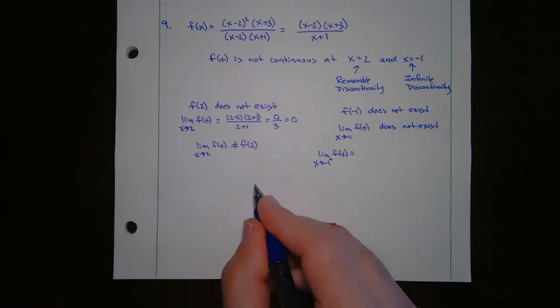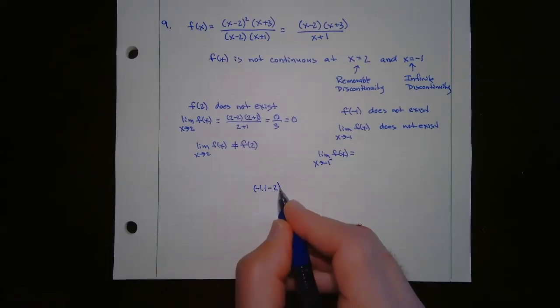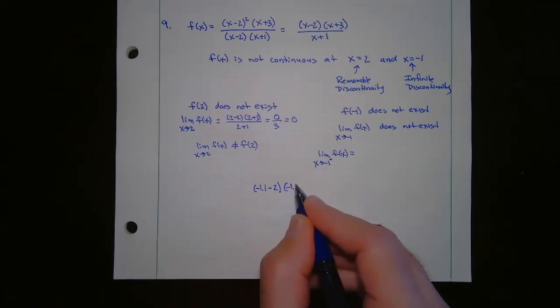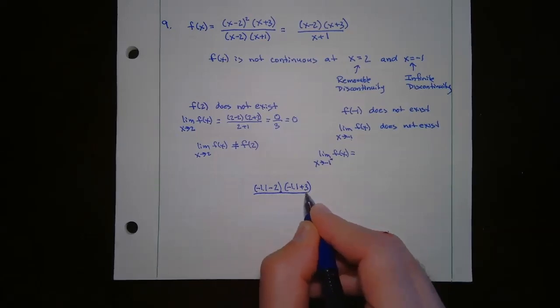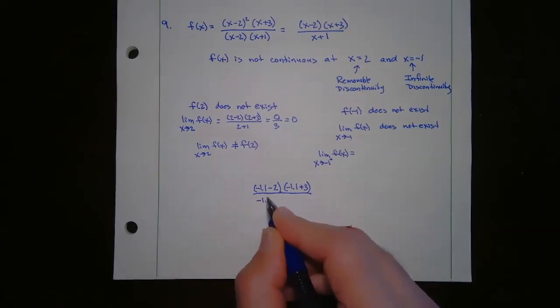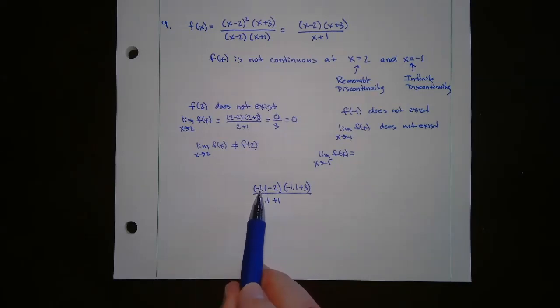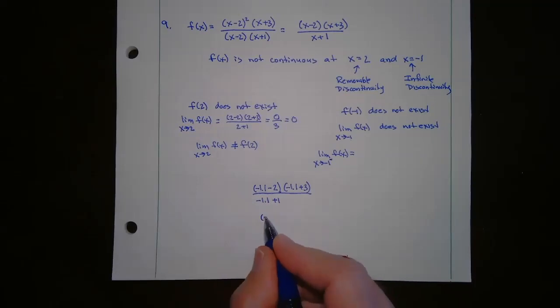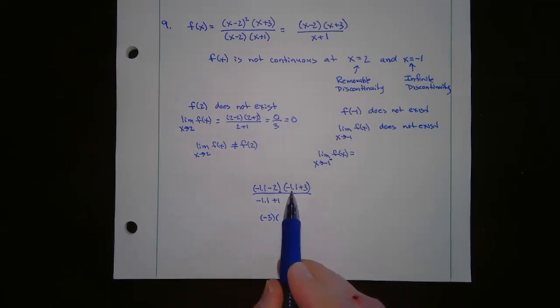So I'm going to put -1.1 in here: -1.1 minus 2 times -1.1 plus 3 over -1.1 plus 1. What's happening is this is getting closer and closer to -1, so this would get closer and closer to -3. So we'd have -3 times, and this again is getting closer and closer to -1, so -1 plus 3 would give you 2.